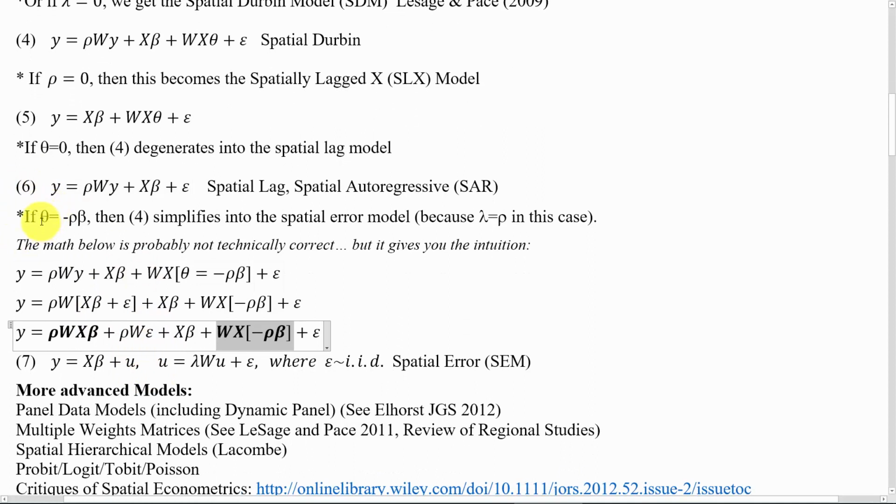If we make this strange sounding assumption here that theta equals minus rho times our vector of betas, what you end up with when those cancel is just that y equals x beta plus our residuals, but we're allowing our residuals to be affected by a weighted average of our neighbor's residuals there. So that rho we comes in there.